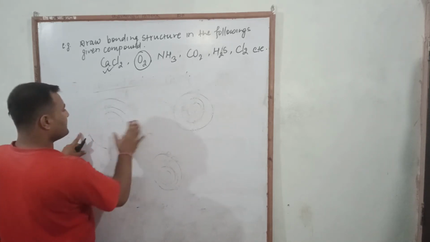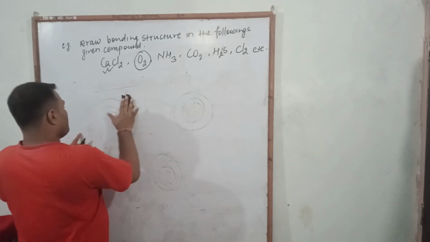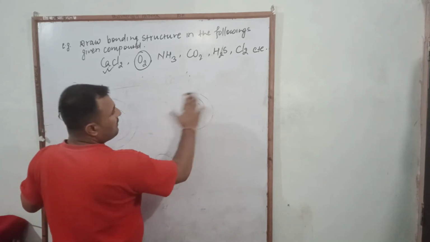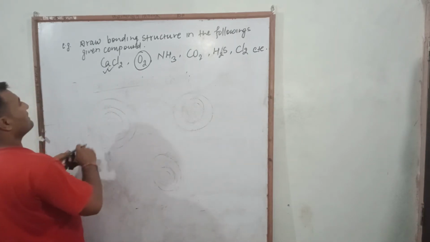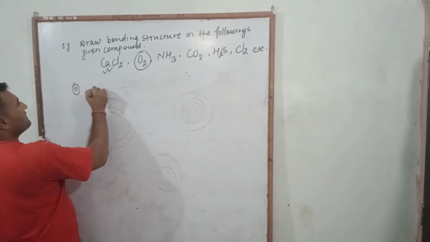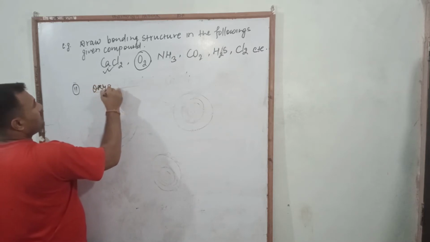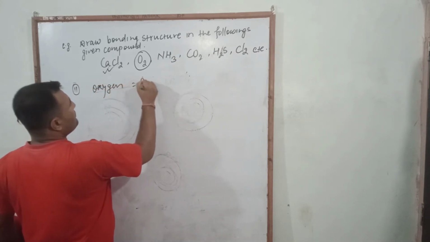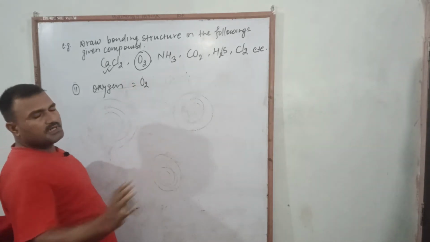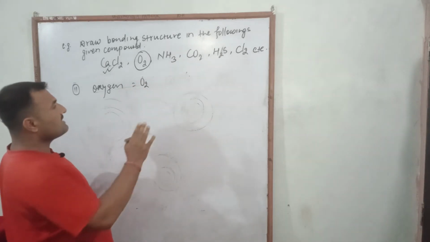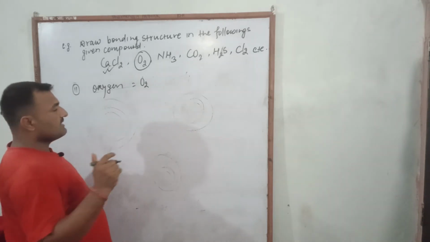In diatomic molecules, there is sharing of electrons between these 2 atoms. The second example is the oxygen molecule, denoted by O2. Oxygen is a non-metal, therefore we confirm that a covalent bond is present there.